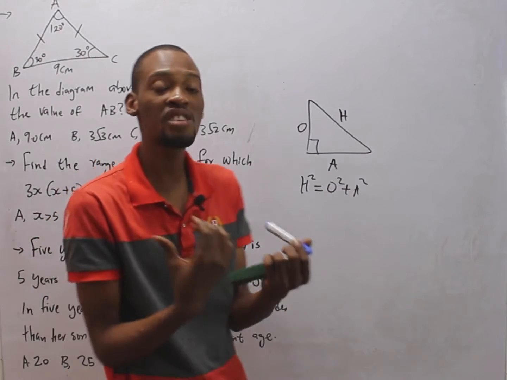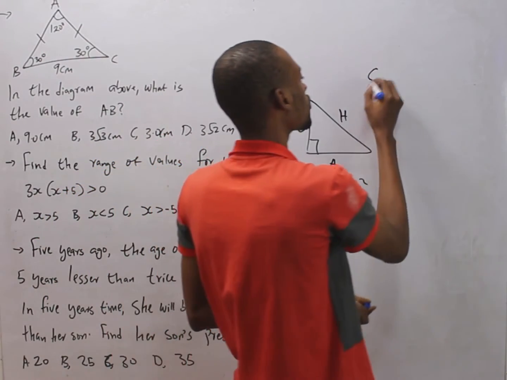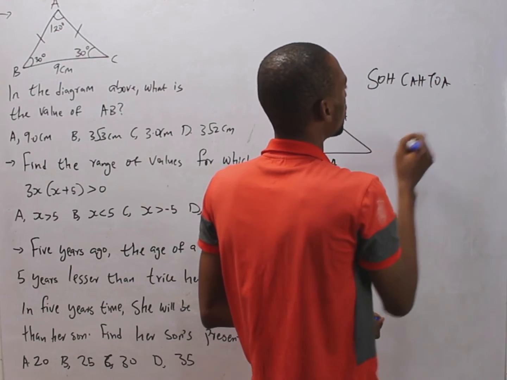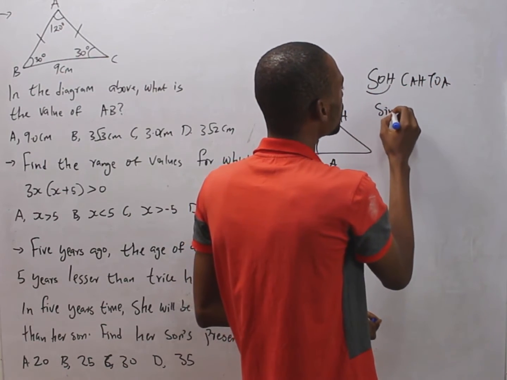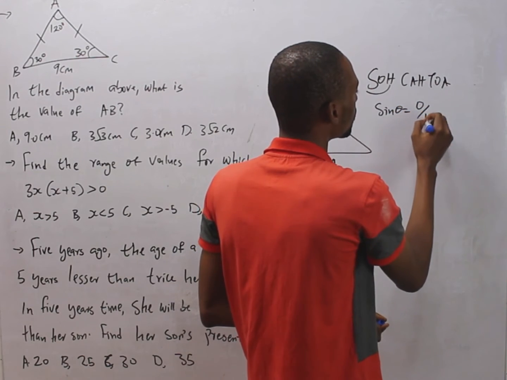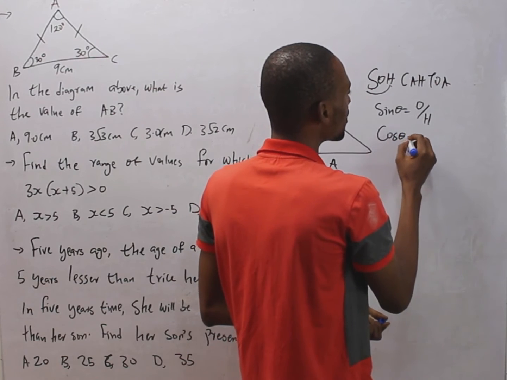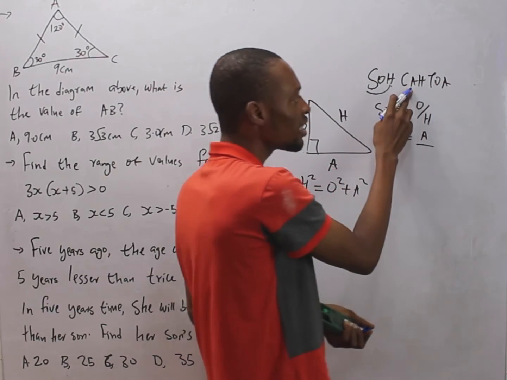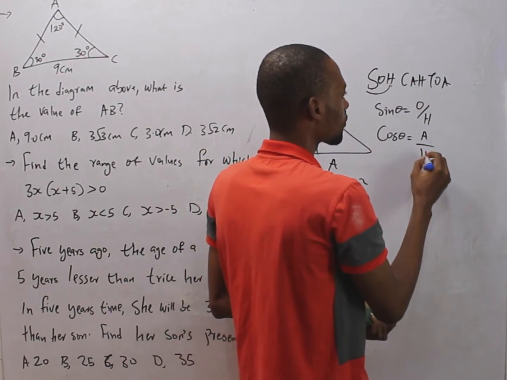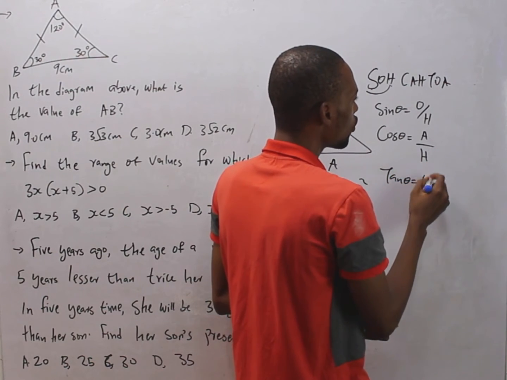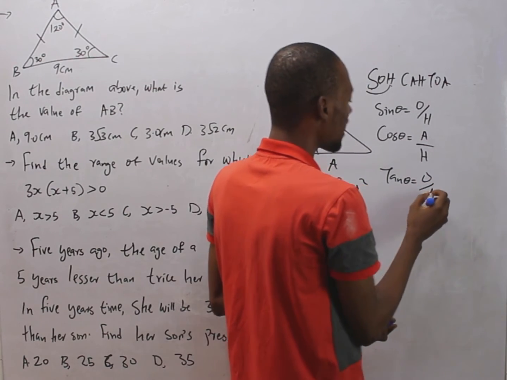And we know the trig ratios are SOH CAH TOA. Sin theta equals opposite over hypotenuse. Cos theta equals adjacent over hypotenuse. Tan theta equals opposite over adjacent.